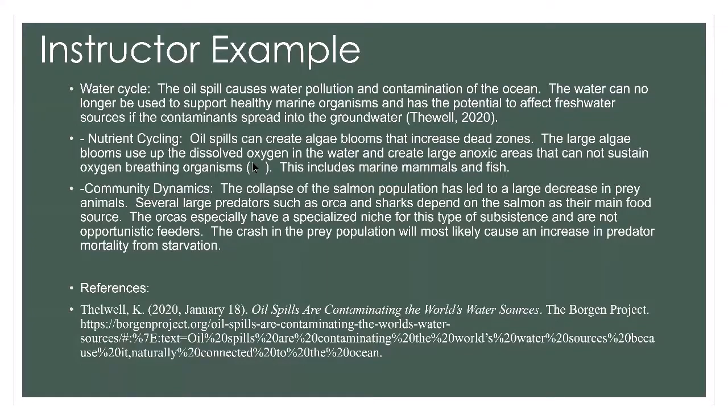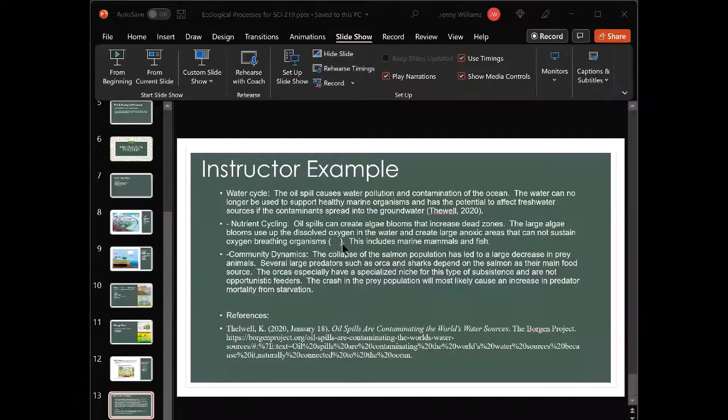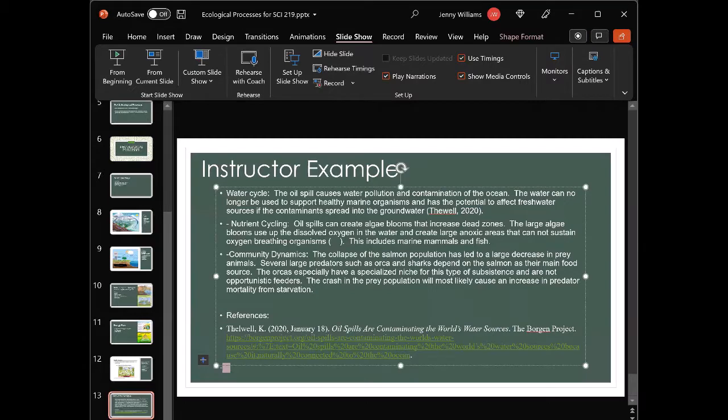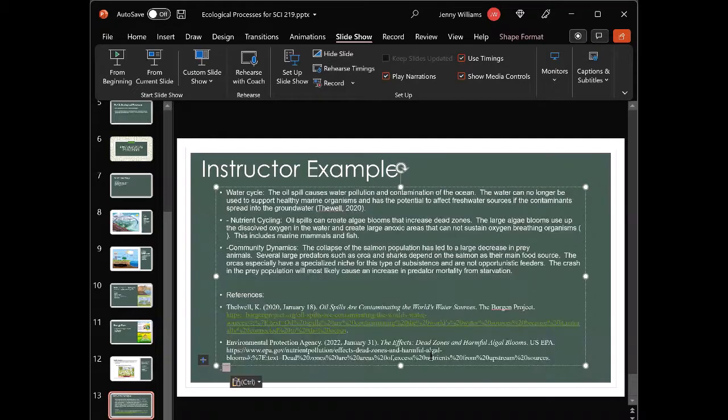Sorry, I messed that up a little bit. Apologize. Okay, there we go. So I have my reference copied. I'm just going to go ahead and paste my Environmental Protection Agency.